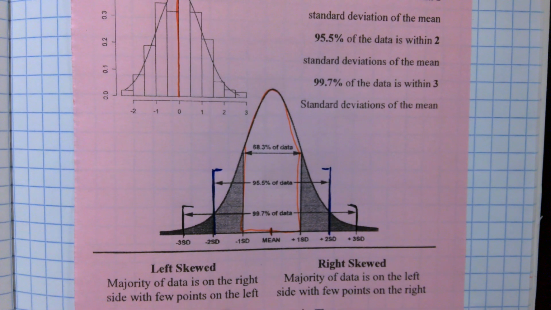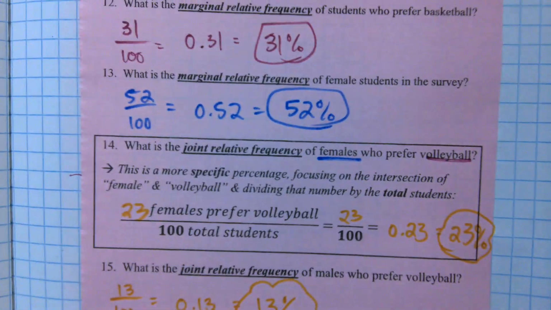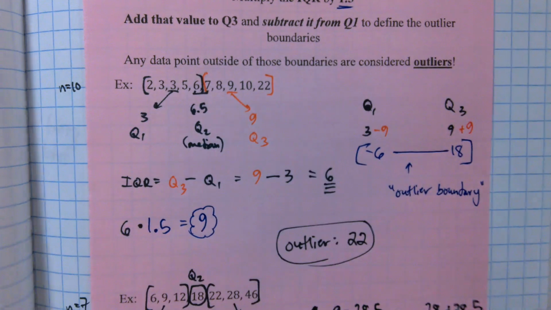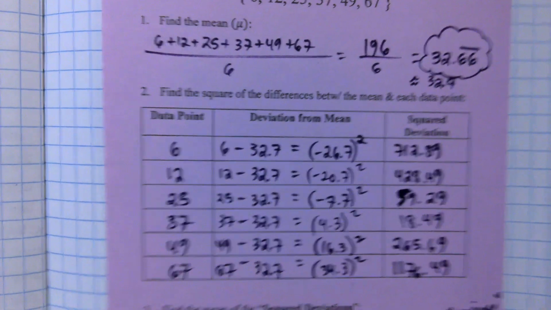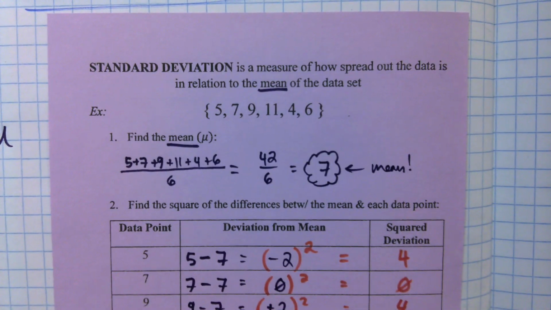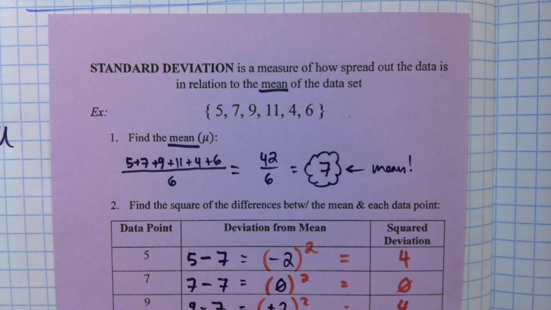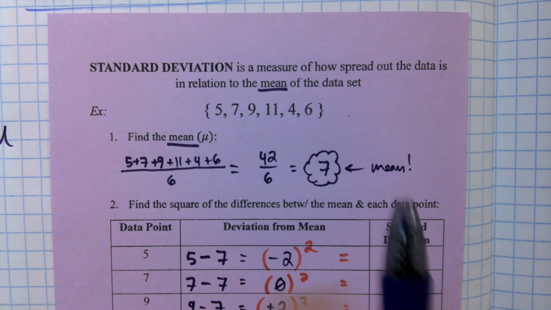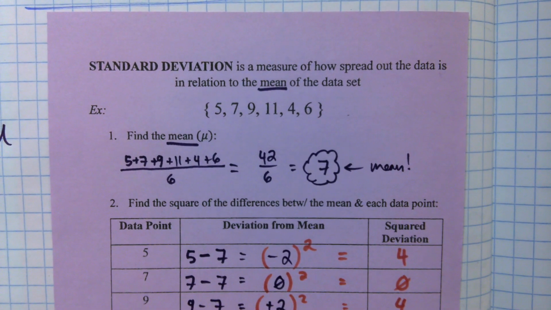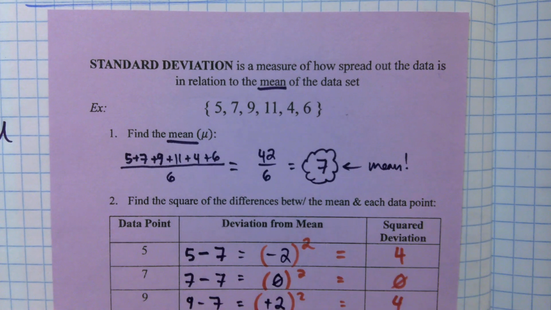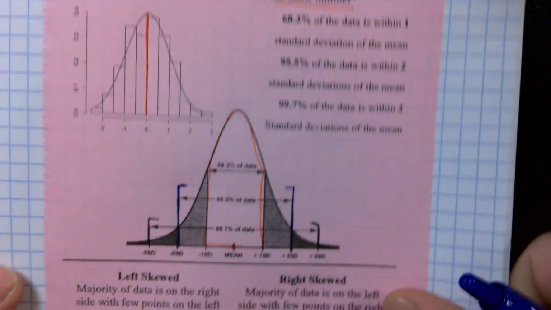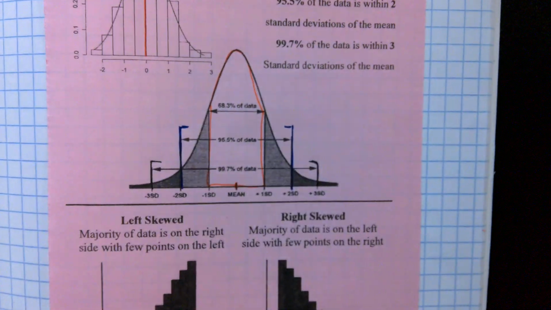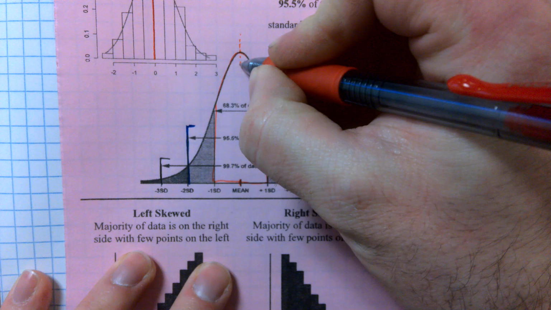When we talked about standard deviation, it means what? Does anyone remember? What is it a measure of, standard deviation? A measure of how strong the data is. Say what, Tyler? How spread out the data is in relation to the mean of the data set. Perfect. Well, in a normal curve, my mean is right down the middle of that curve.